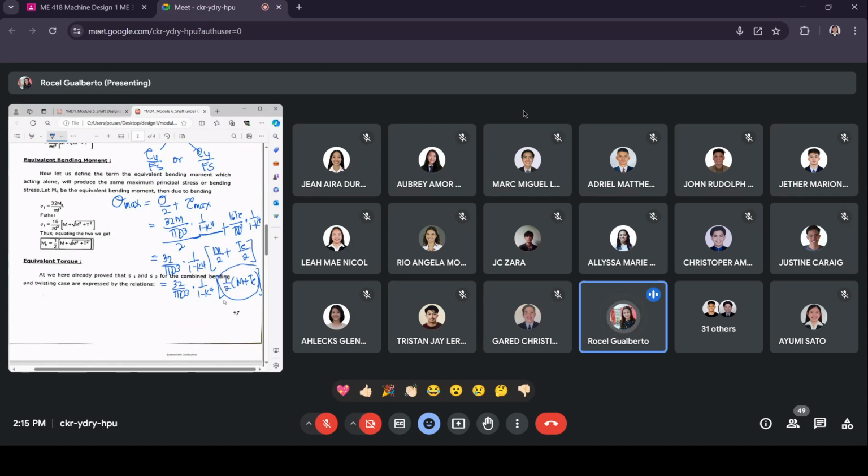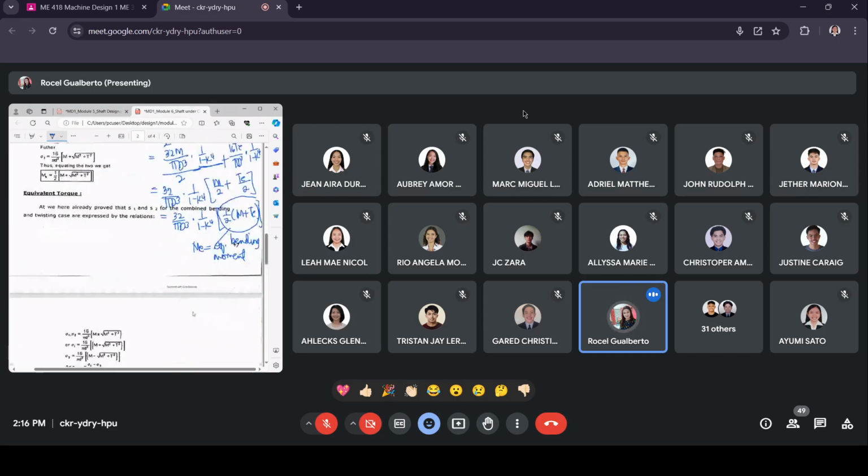Then M plus TE becomes the equivalent. We call this the equivalent bending moment, ME. So with that now, our equation becomes sigma max equal to 32 ME over pi d cubed times the hollow factor.